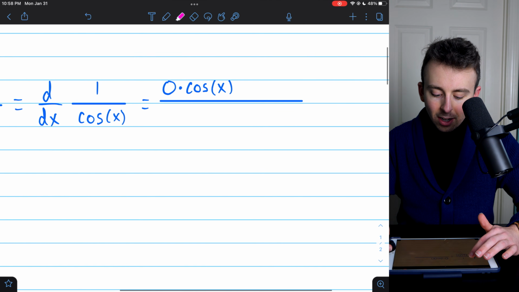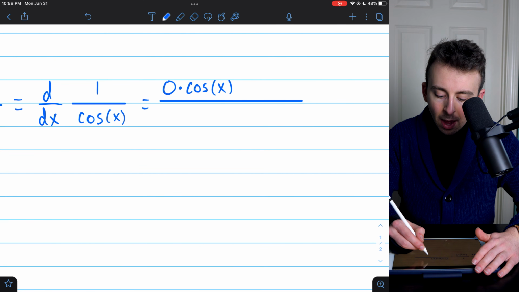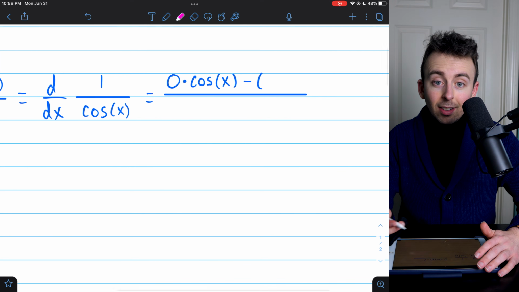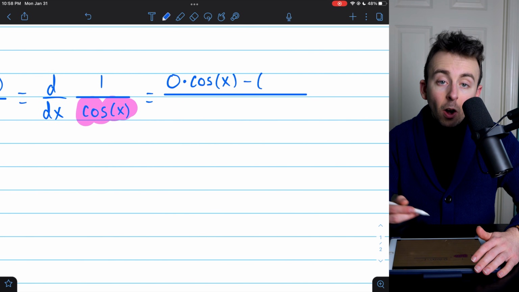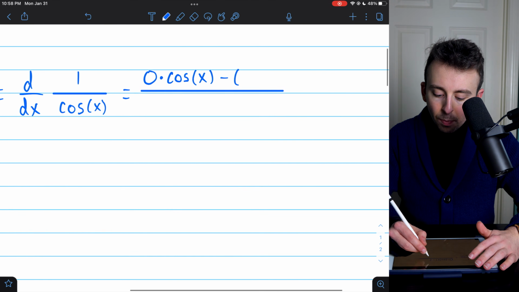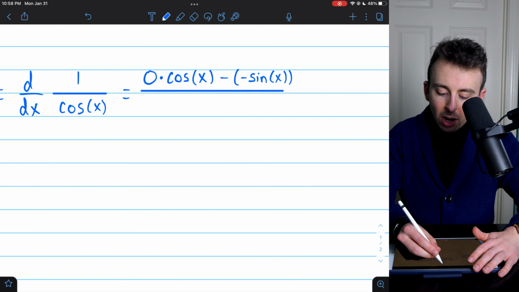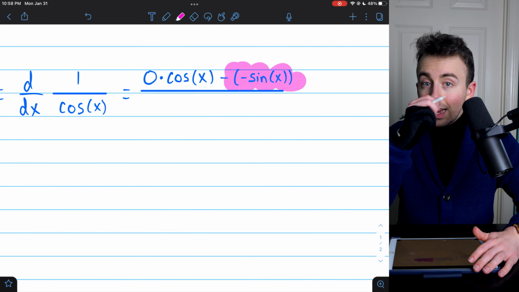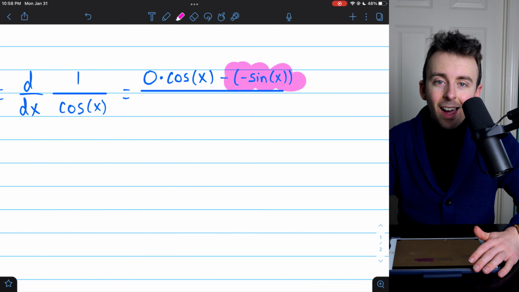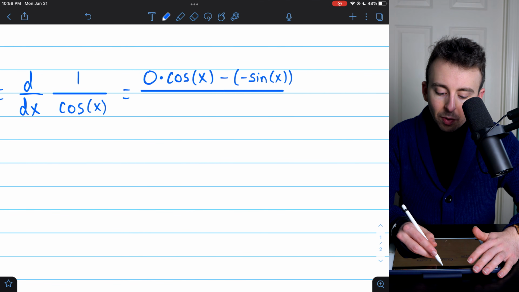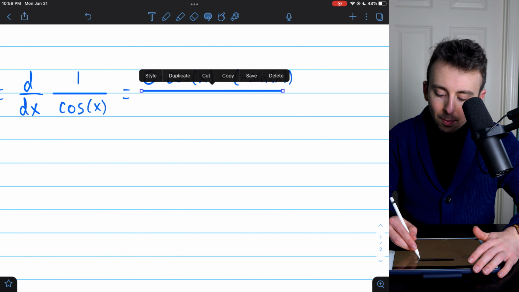All right, let's continue. F prime g minus g prime f. G is the function in the denominator, cosine of x, so g prime is going to be negative sine of x. Notice how I'm using a generous amount of parentheses here to help make sure I don't make any sign errors. So we've got g prime times f.